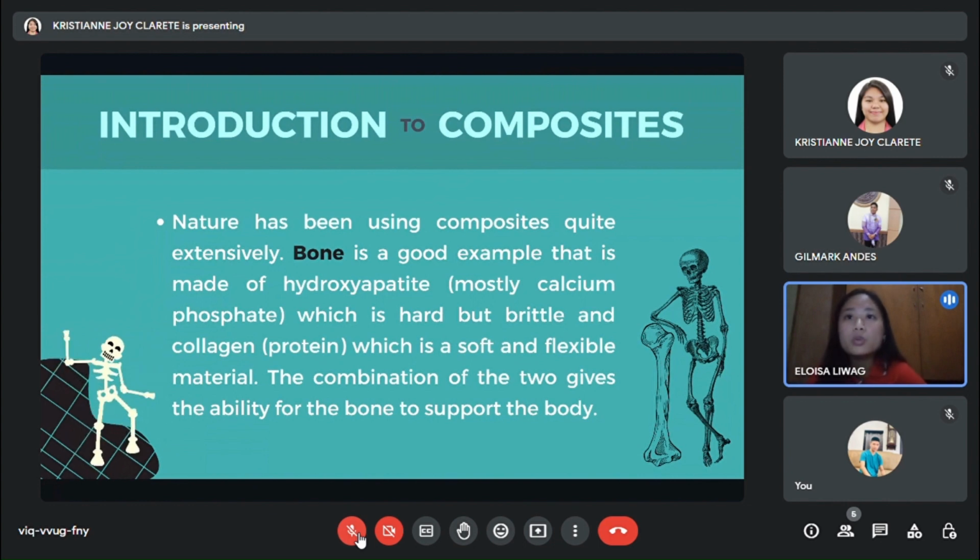Then yung bone naman natin, isa din yung example for composite. It is made of hydroxyapatite na inorganic mineral na meron sa human bone at sa ating teeth. Ang role naman nito is for structural strength of bone to bone regeneration. Siyempre, to support our body.